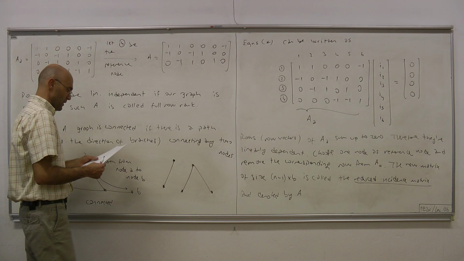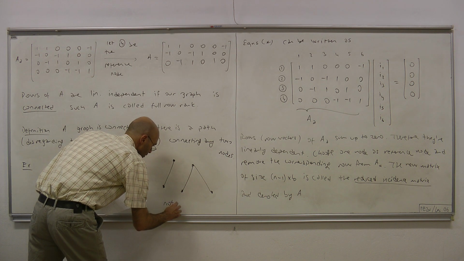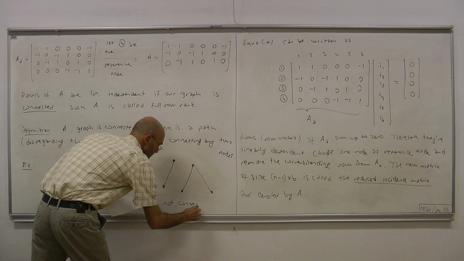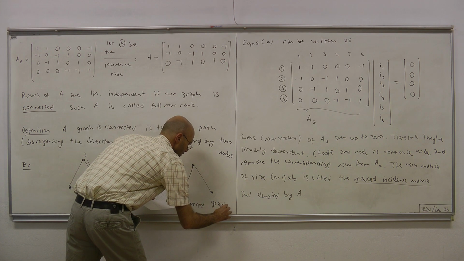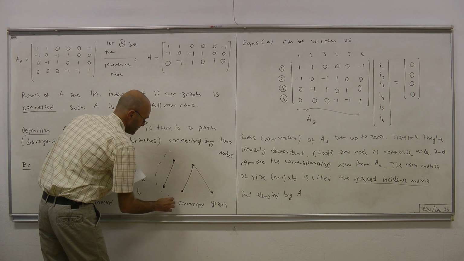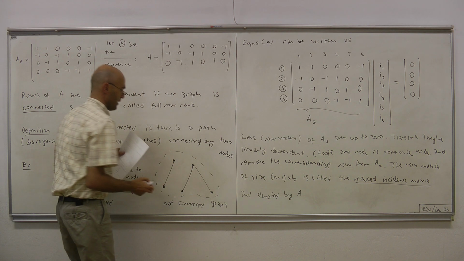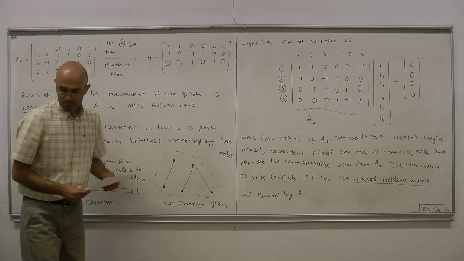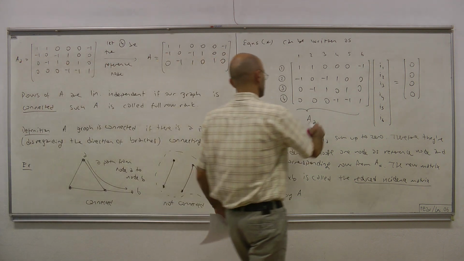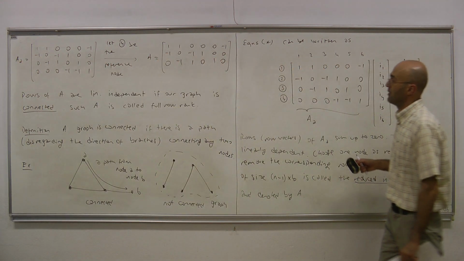Therefore, that's a non-connected graph or disconnected graph. And by graph we mean this together as a single graph. Okay. So let's return to KCL, or the incidence matrix.